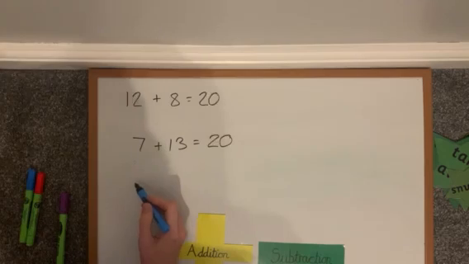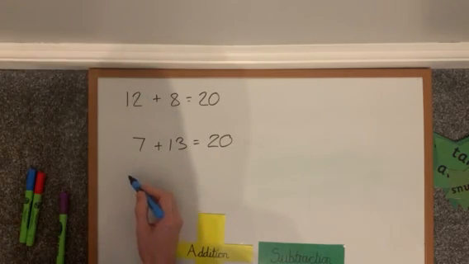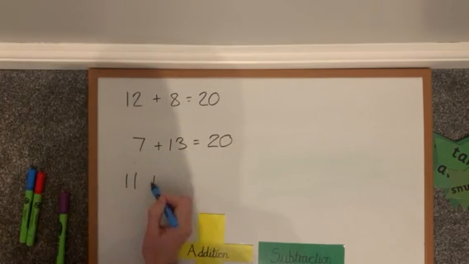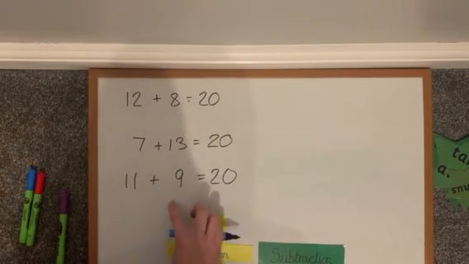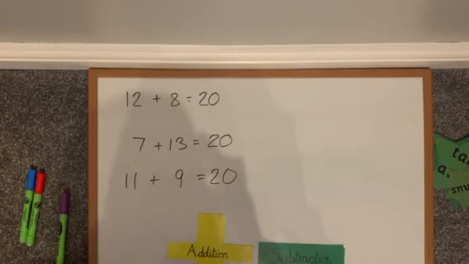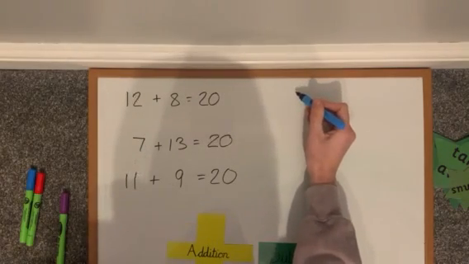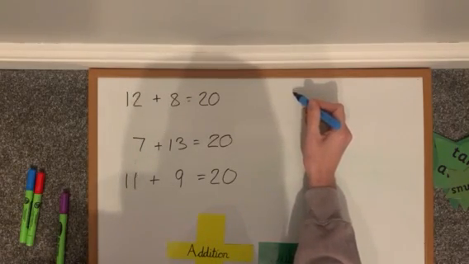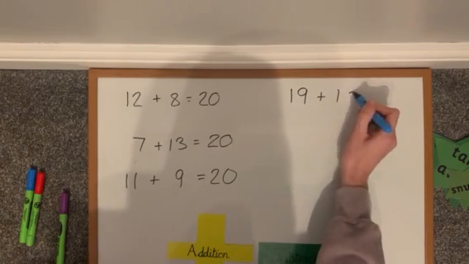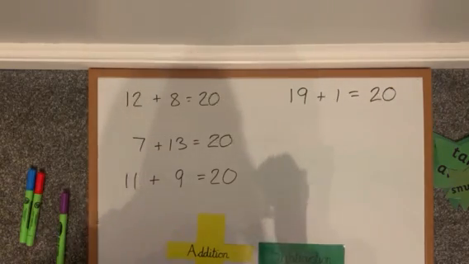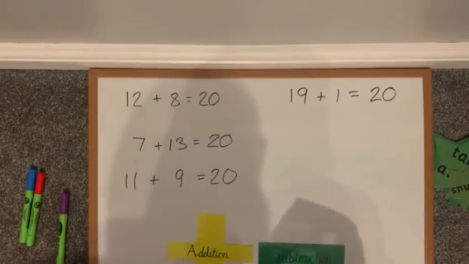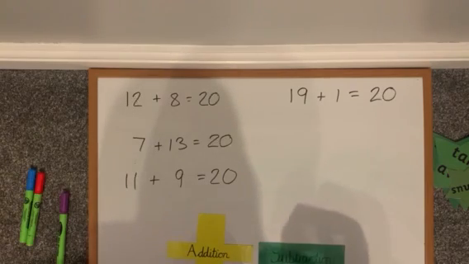And I would like you to find, let's go with 11 plus 9 equals 20. What are the other 3 number sentences? And then your last one is going to be 19 plus 1 equals 20. What are the other 3 number sentences in the fact family for 19 plus 1 equals 20?